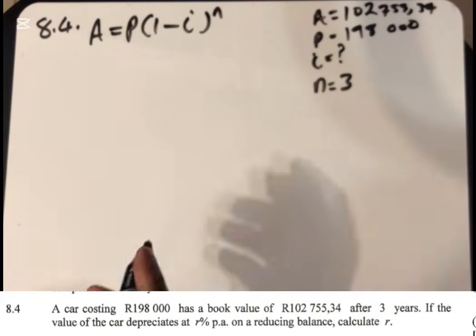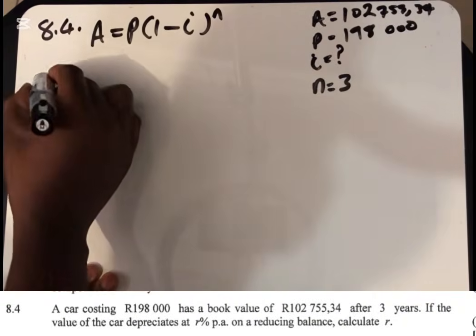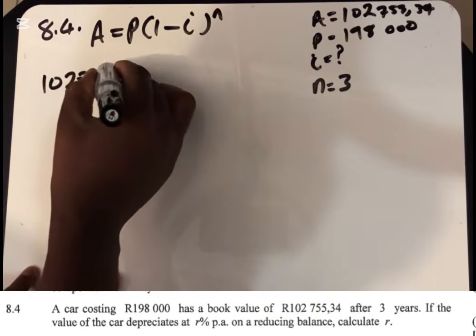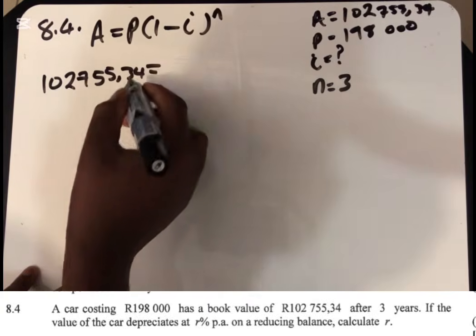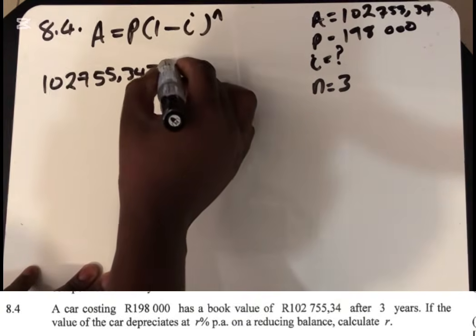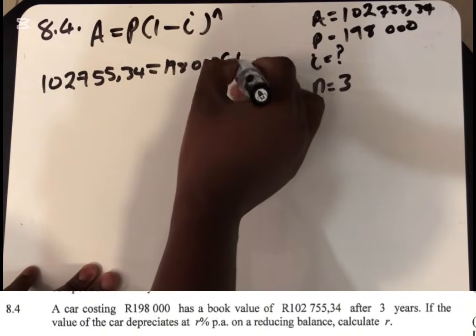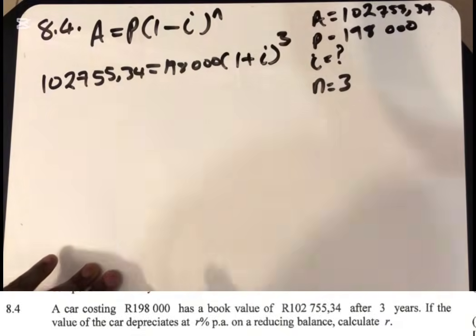So now we should substitute everything in the equation. A is 102,755.34, equals 198,000 times (1 plus i) to the power 3.